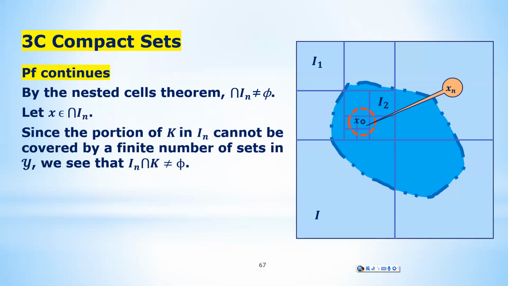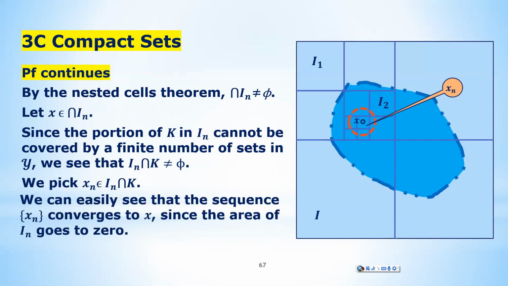Since the portion of K in In cannot be covered by a finite number of sets in Y, we see that In intersect K is not empty, because otherwise it could be covered by a finite number of sets. So there must be a point inside. I pick a point Xn belonging to In intersect K.